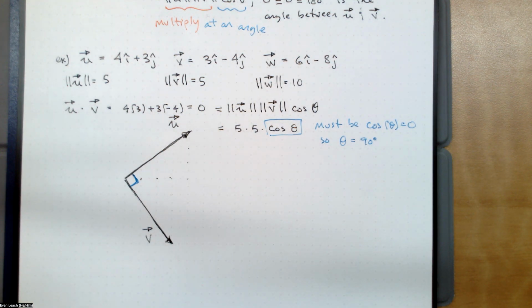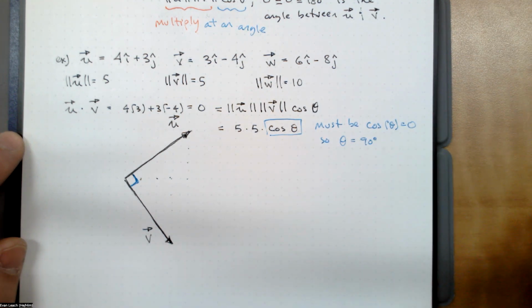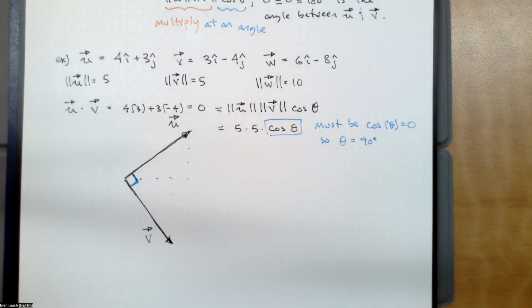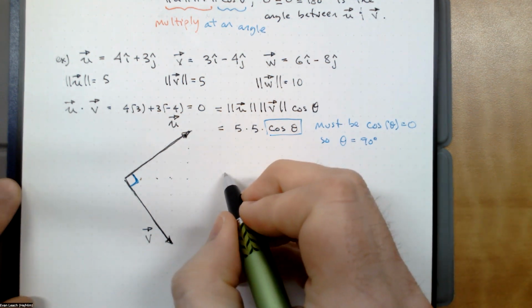When we think about multiplication at an angle, we think about how much of u is going in the same direction as v. And since they're perpendicular, none of it. None of u is going in the direction of v.